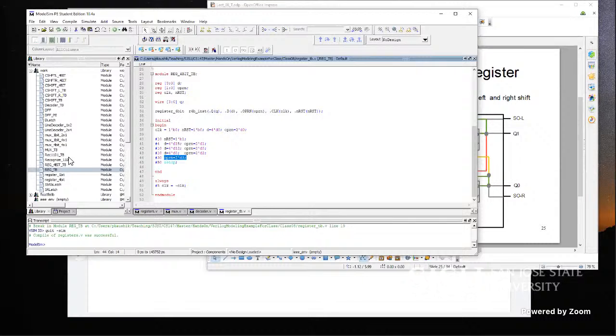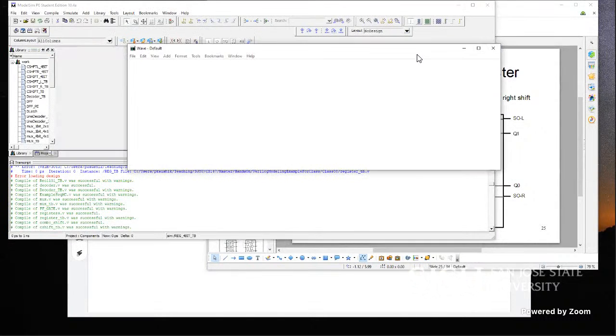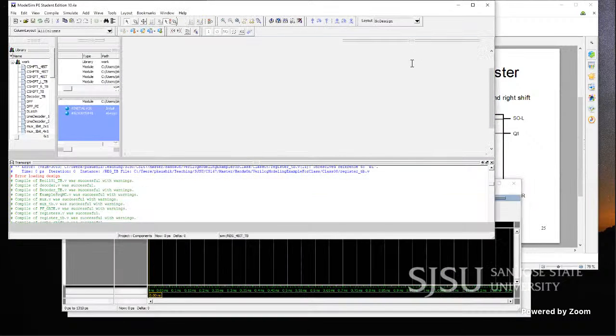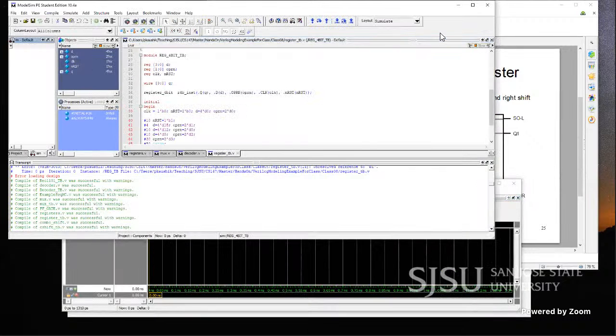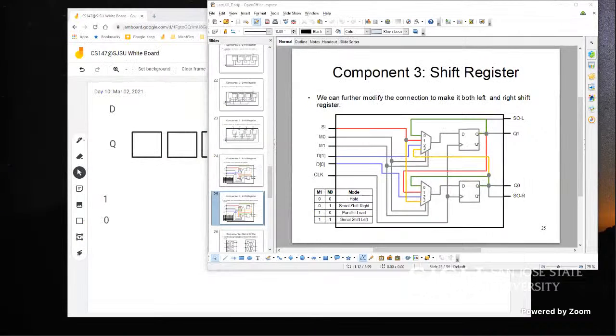Okay, and then let's pick a 4-bit test bench for our simulation.